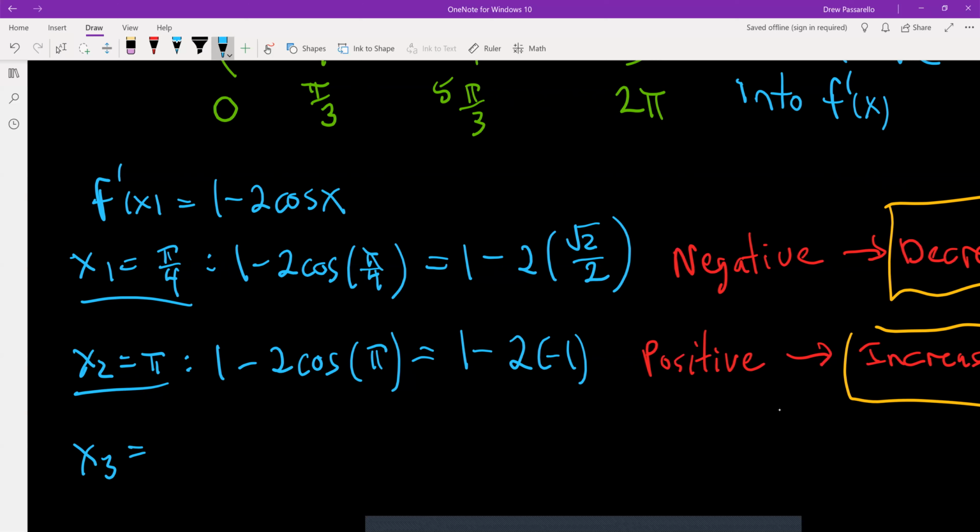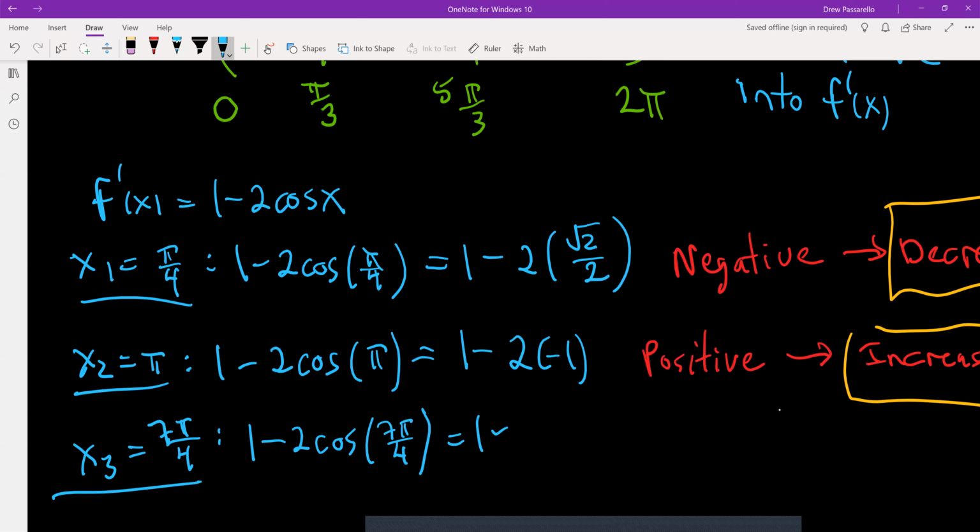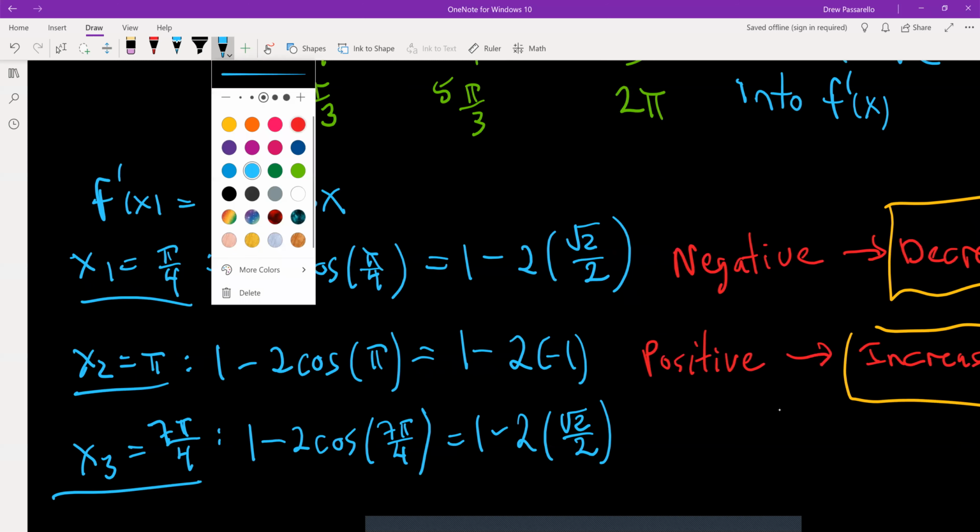So the third value was 7 pi over 4. It'd be 1 minus 2 cosine 7 pi over 4. Well, cosine of 7 pi over 4 is square root of 2 over 2. So this would be 1 minus 2 times square root of 2 over 2. And the point is that's 1 minus square root of 2, so that's going to be a negative number.